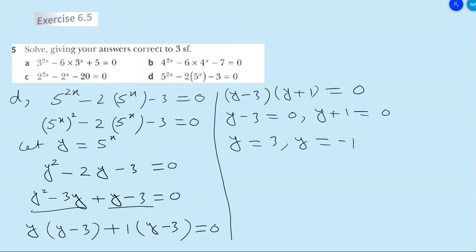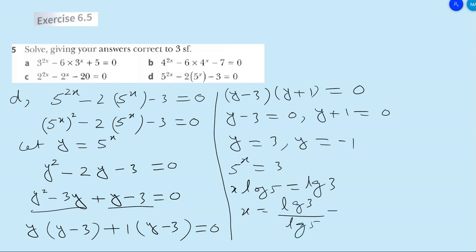So we will take y again. The original value of y is 5 to the power x. So 5 to the power x is equal to 3. Taking log on both sides, it will be x log 5 is equal to log 3, and then x is equal to log 3 upon log 5.